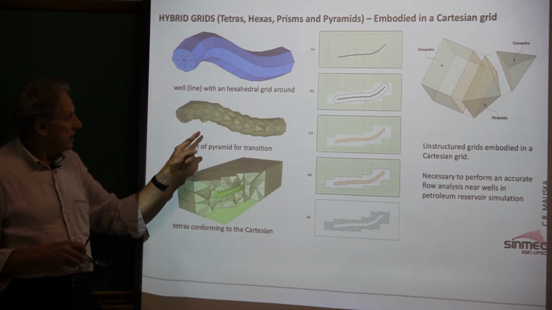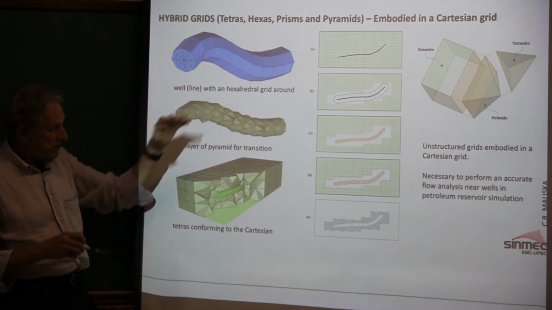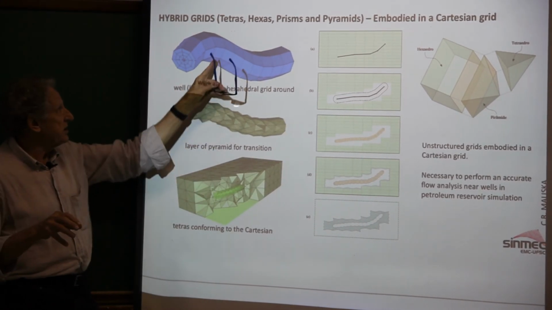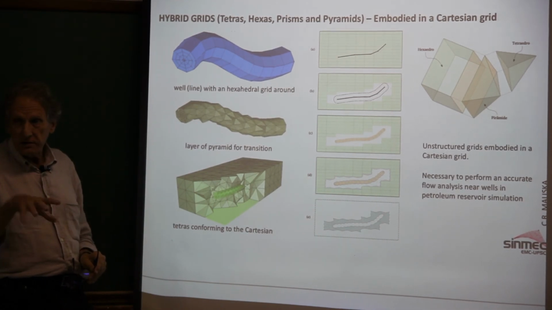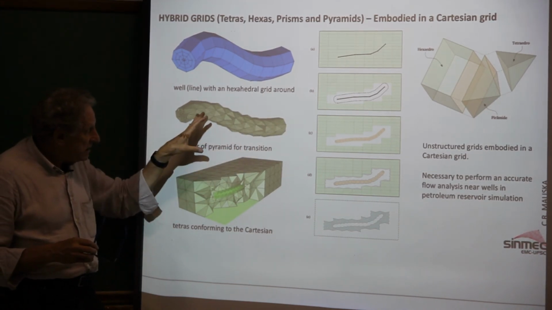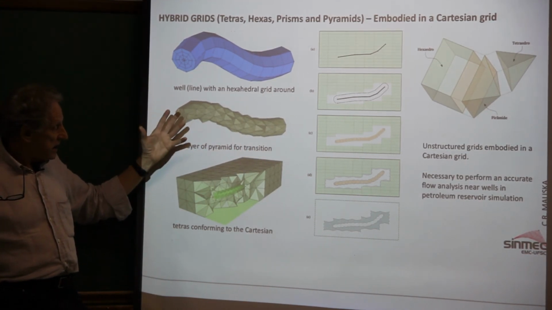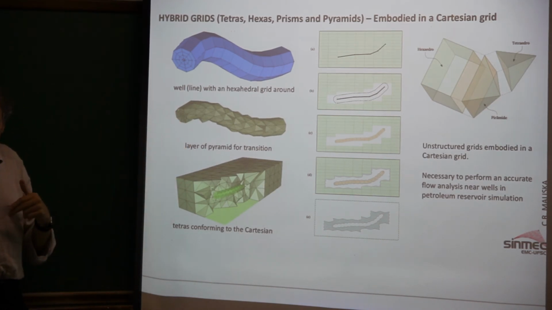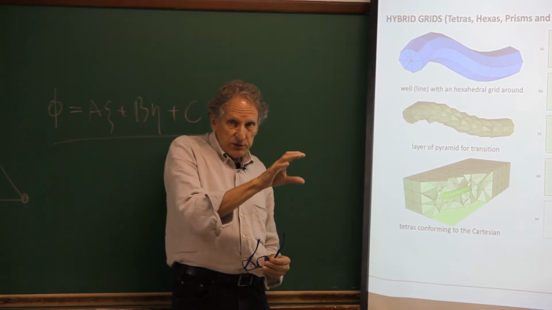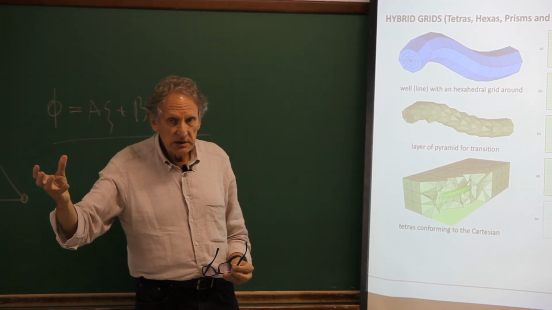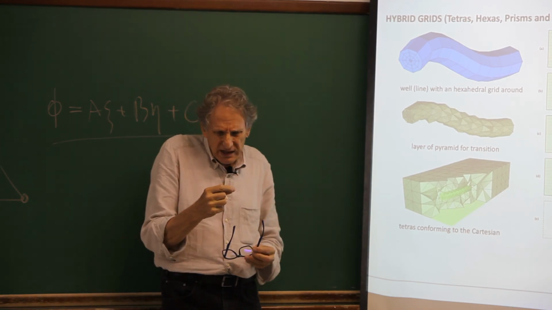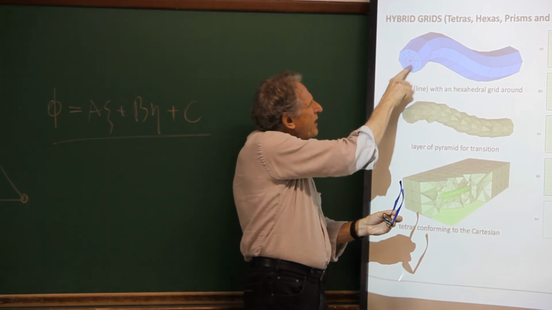Then you put pyramids on top of this blue, because this is hexa, right? A pyramid fits there, a square base fits. We can see clearly here the pyramid there, and then come the tetras. Now you can have the full reservoir with what we call the near well region discretized using hybrid grids, where you can make this grid very fine here.